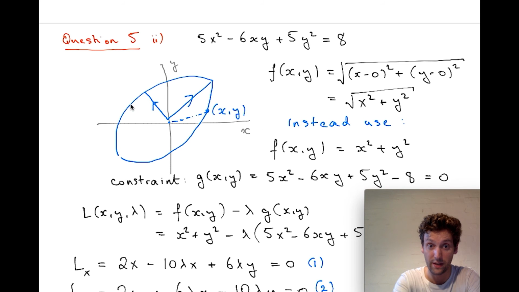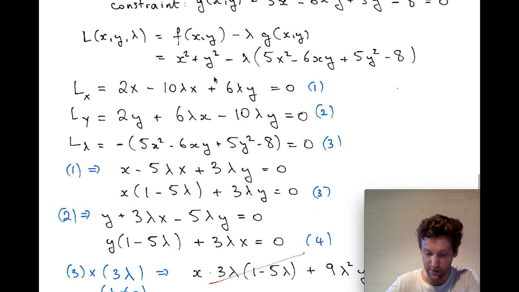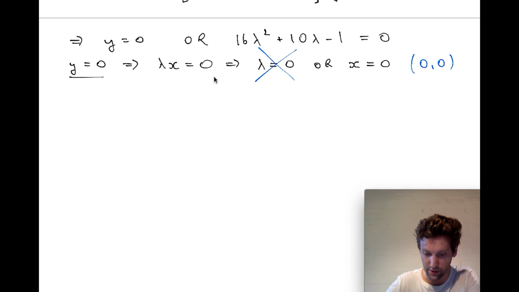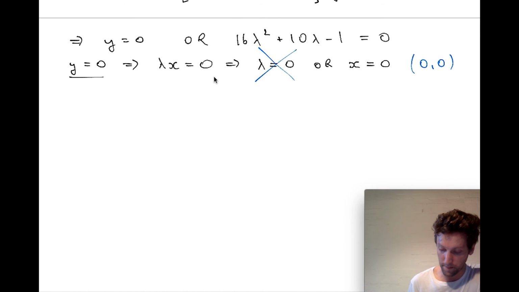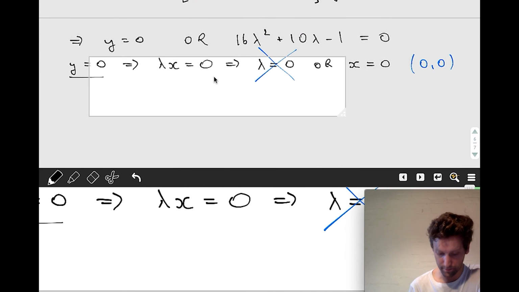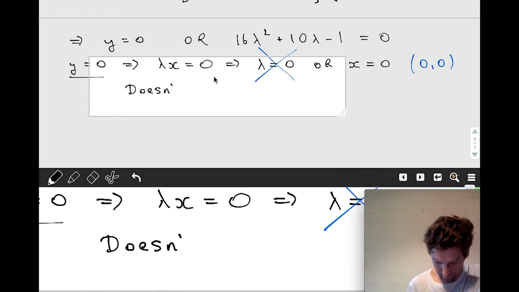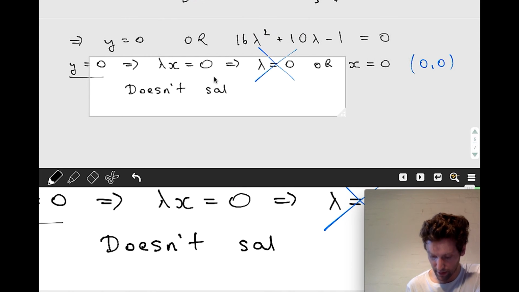It doesn't sit on this ellipse. So in fact, this has given us a spurious solution. We can reject it because it doesn't satisfy our constraint.